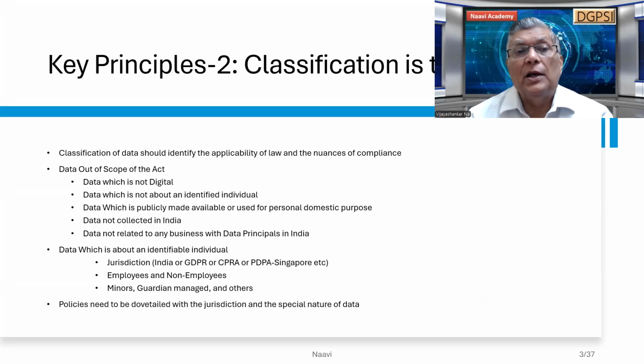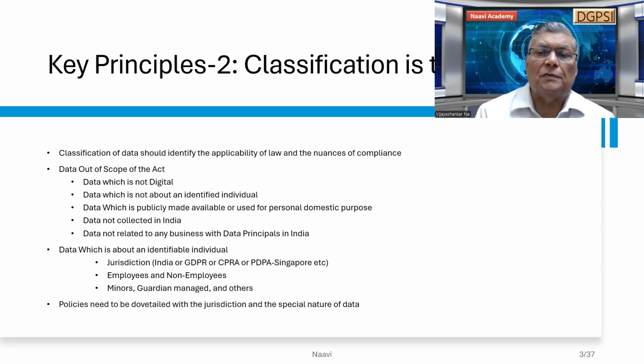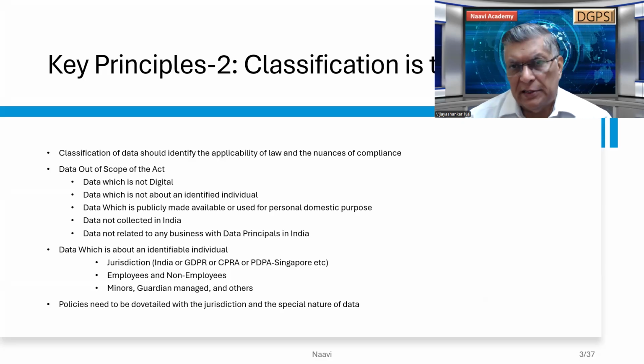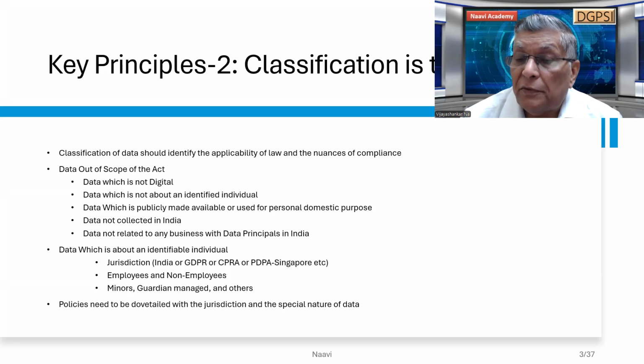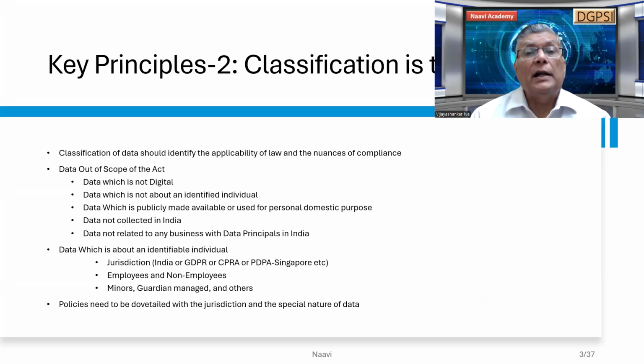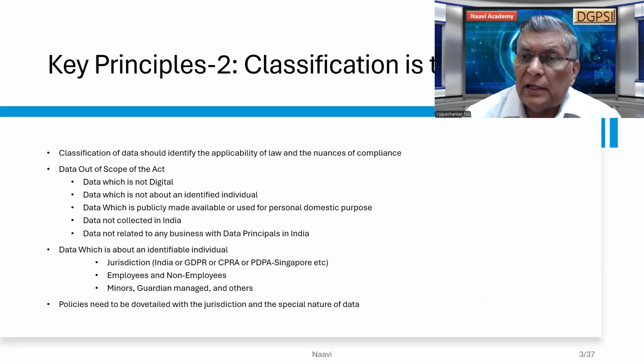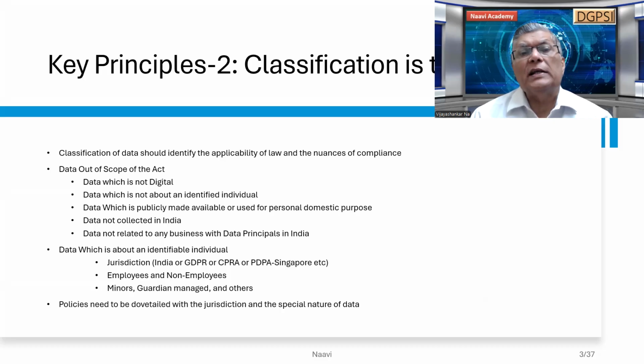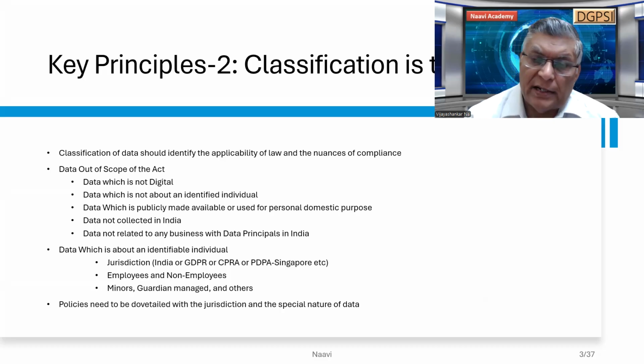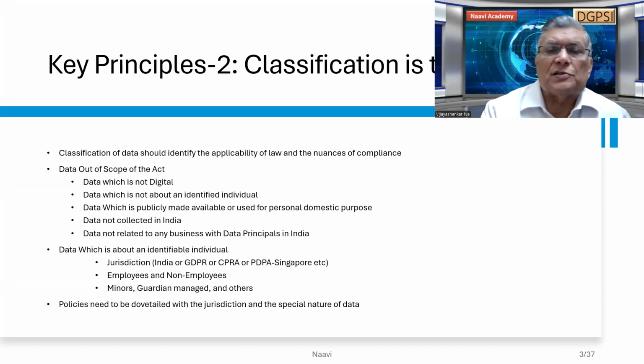So that's why we consider that classification is an important aspect of DPDPA compliance, and DGPSI provides about 31 different classifications. And as far as the sensitivity is concerned, though data is not normally classified as sensitive and others, we prefer to provide a sensitivity index to a data set, which actually goes with a specific process.